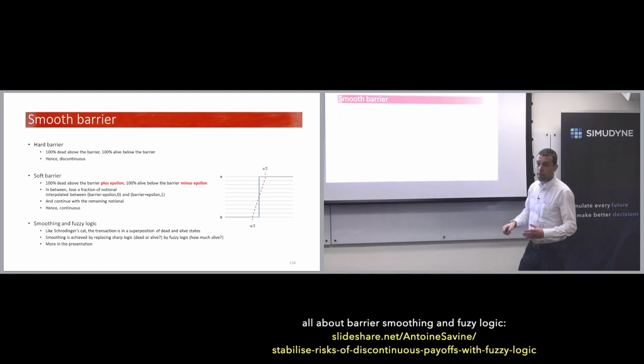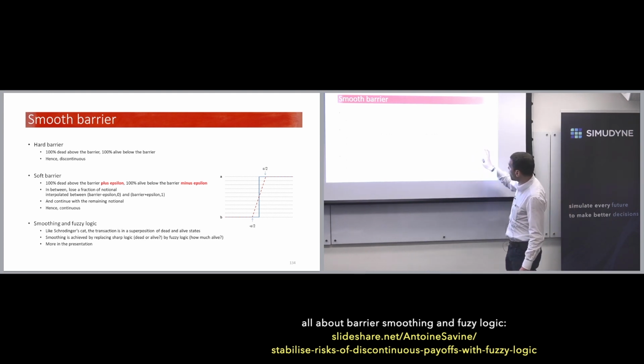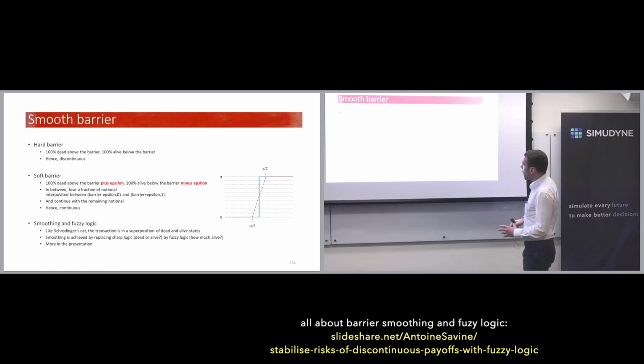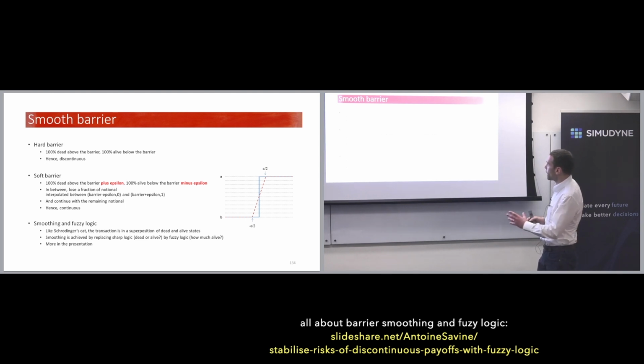The smooth barrier is an approximation that gets rid of the discontinuity by saying, well, there is a fuzzy barrier region around the barrier, between the barrier minus epsilon and the barrier plus epsilon, whereby we are kind of like Schrodinger's cat, partly alive and partly dead. What does it mean for a financial product?